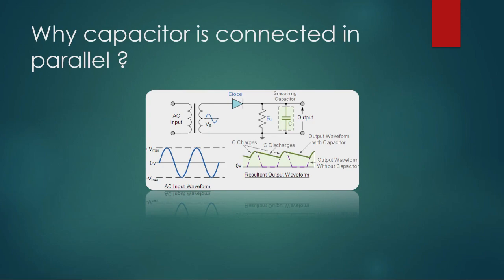The barrier potential will be subtracted from that. For the barrier potential concept, you can go back to the semiconductor part 2 video and check it. The barrier potential for a silicon diode is 0.7 volts. That means first we have to use this 0.7 volts to overcome the diode's barrier potential, and then the voltage can create the current. So at the output we will have less voltage compared to Vmax.